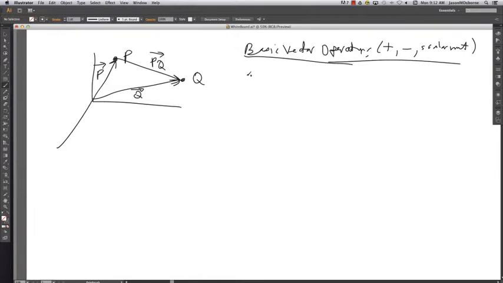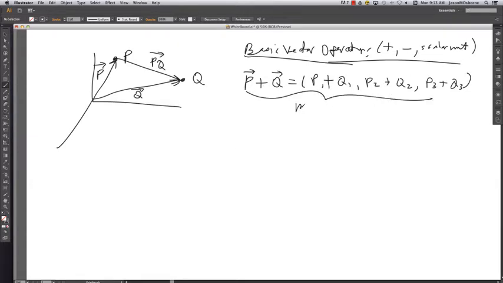If you want to add the vector P to the vector Q, you would just take the entries P1 plus Q1, P2 plus Q2, and P3 plus Q3. You just add entry by entry. So this makes sense.